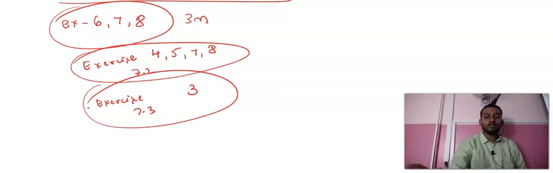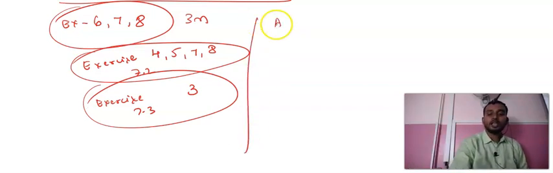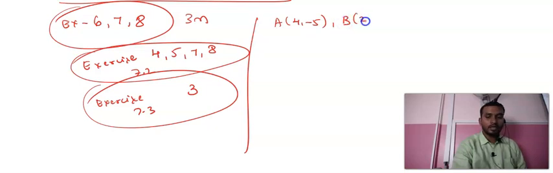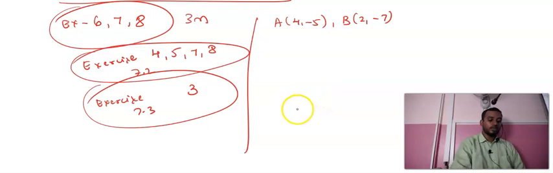And along with that, make a note of this question. Take down the question: A(4, -5), B(2, -7). Find the midpoint of the line joining the points.